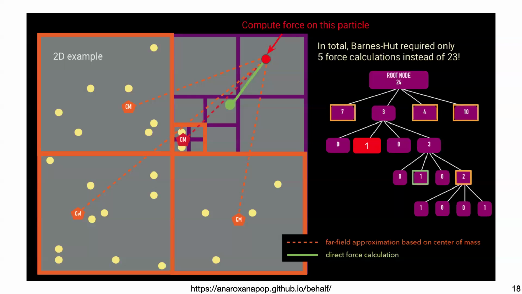So normally, without approximation, we would have to do 24 calculations of something else onto this particle. But in this example, we only have to do 5. There's 1, 2, 3, 4 approximate calculations and 1 direct calculation. So that's how we can cut down the work significantly.